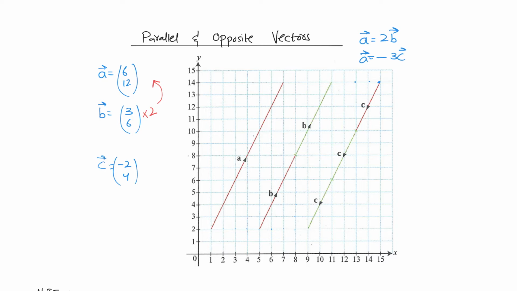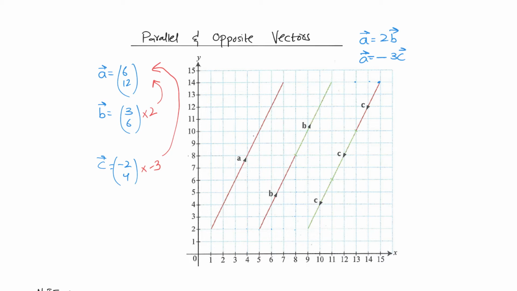If you multiply vector C by -3, then only you are going to get vector A, because -2 times -3 is going to give you +6, and -4 times -3 is going to give you +12.